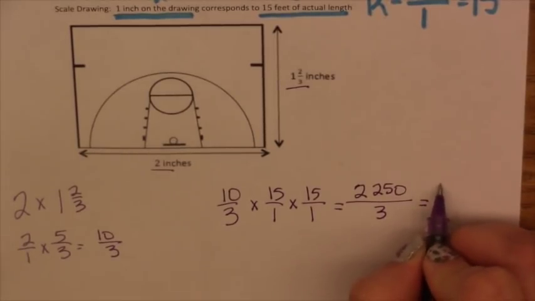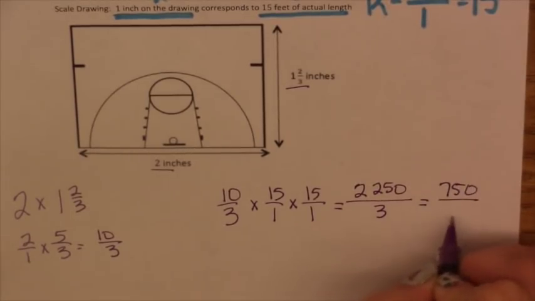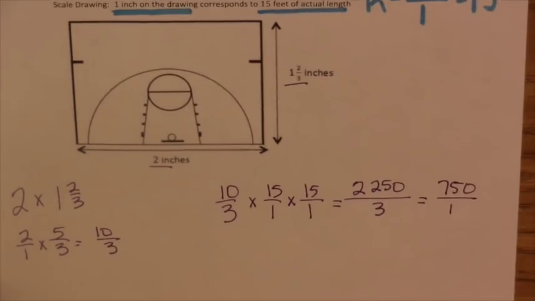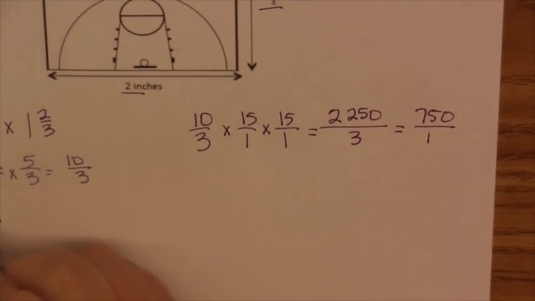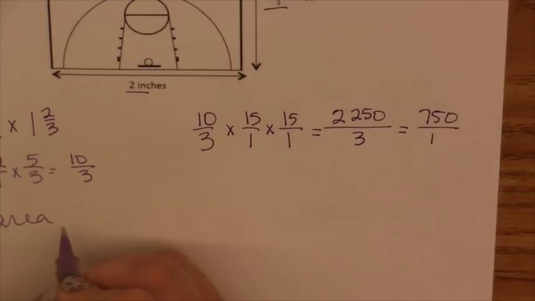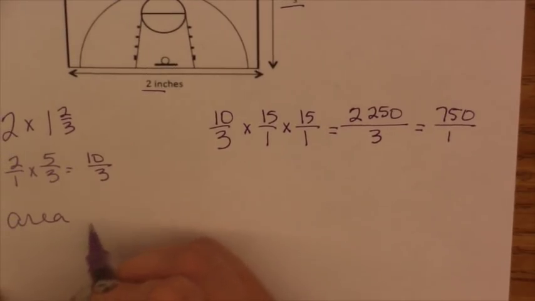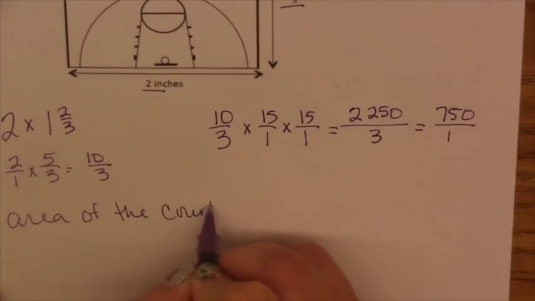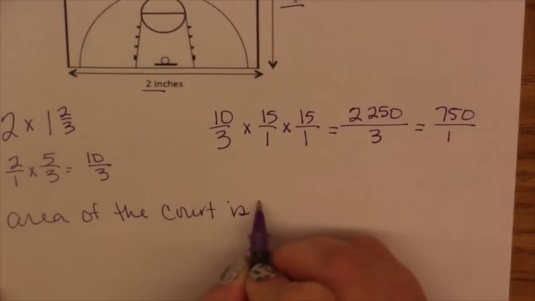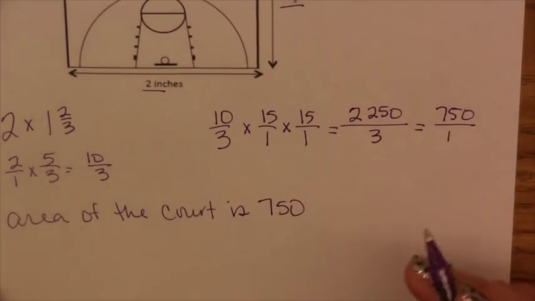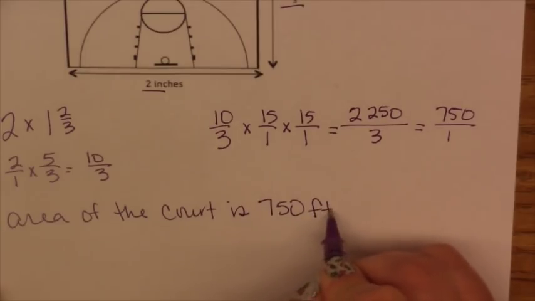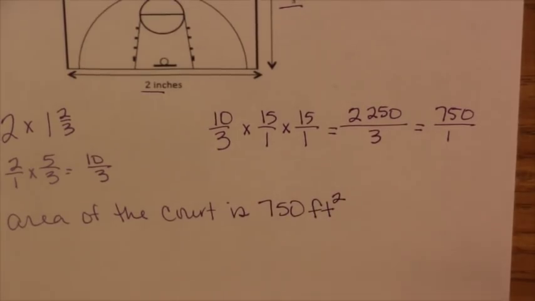When we simplify that, we get 750 over 1. So the area of the court is 750 feet squared, or square feet.